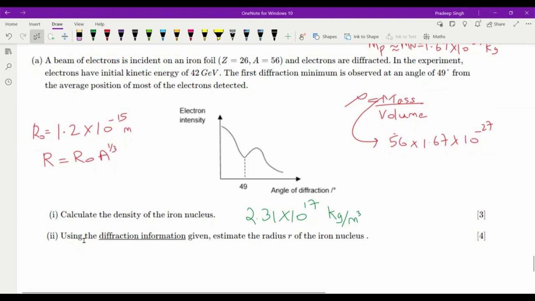But do we need that information for the second part? Let's check. No, again, we don't. So work backwards. How are we supposed to find radius of the nucleus using this particular graph?